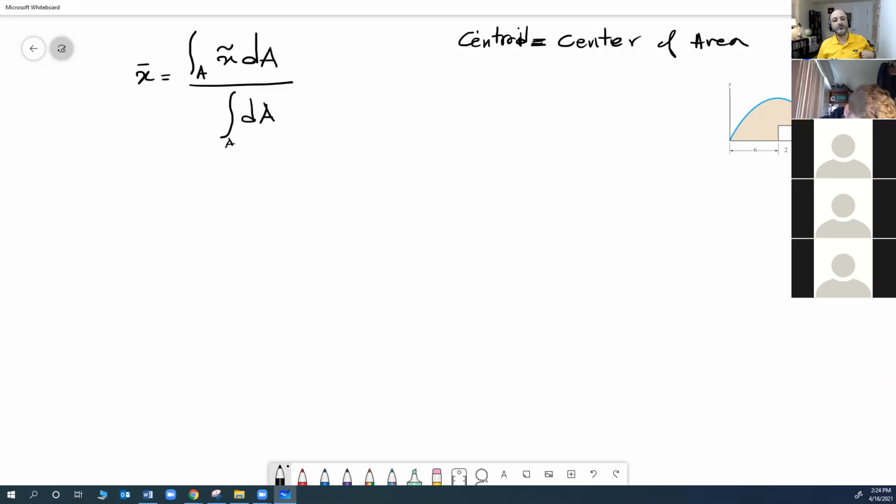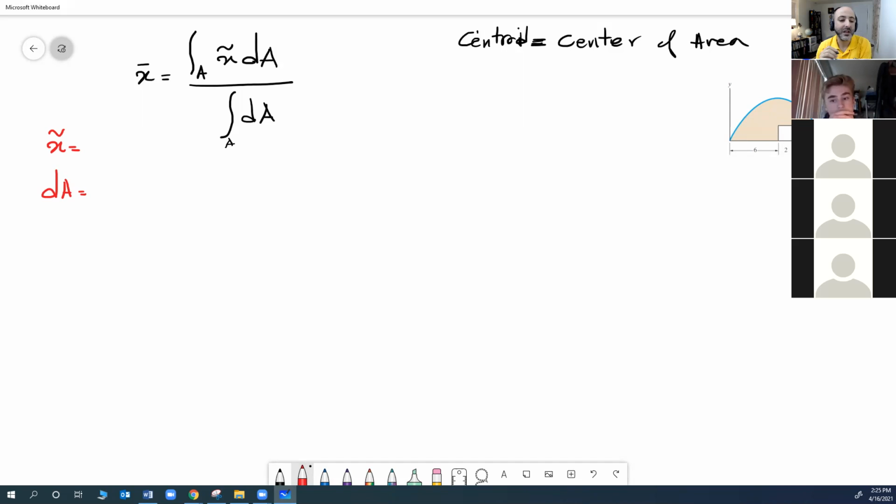Okay. So now let's figure out the terms in this integral. I have to figure out two things. I have to figure out x tilde. I have to figure out dA. And if I do that, then I can solve this integral, right? So what is x tilde?